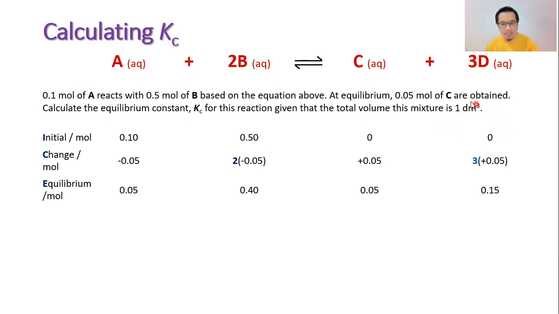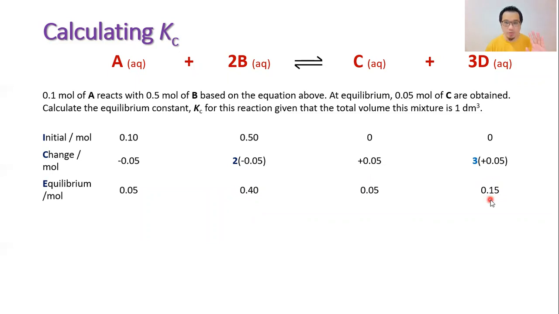What's also given in the question is the volume of this mixture, which is 1 decimeter cube. It's going to be important. We're going to use it later. Before calculating Kc itself, you need to prepare your I.C.E table to work out the equilibrium number of moles of the reactants and the product.